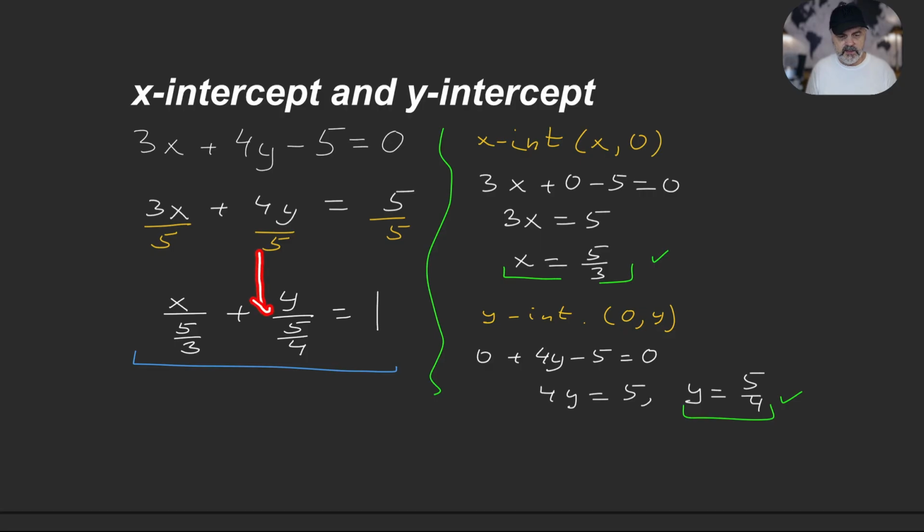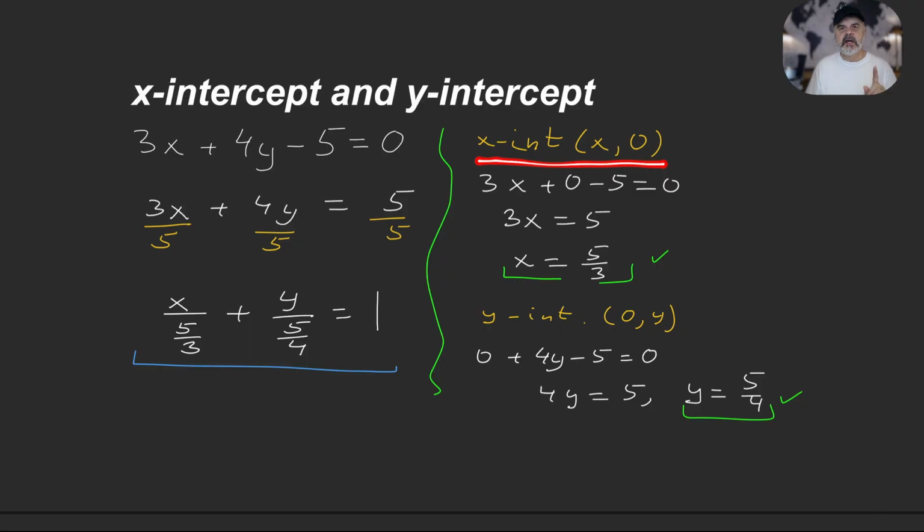Same thing here. You have identified 2 points, where those points are represented correspondingly on the y-axis in the case of 5 over 4 and on the x-axis. So those are the x and y-intercepts. Now, if I want to use this standard equation in a slightly different manner, I have to be aware of the following.